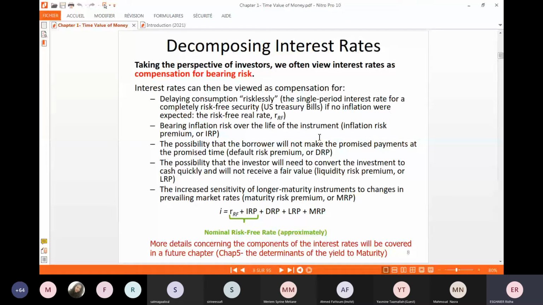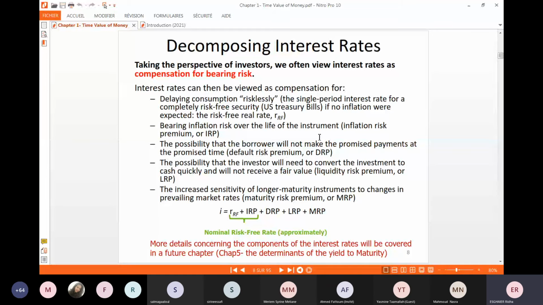So the first component of the interest rate, we call it I or R, is the risk-free interest rate. This will cover the time value of money we explained before. Because when you will not consume today, you will lend your money, you have to be compensated for delaying this consumption, regardless of the inflation in the economy.